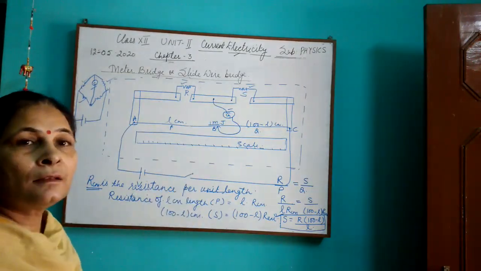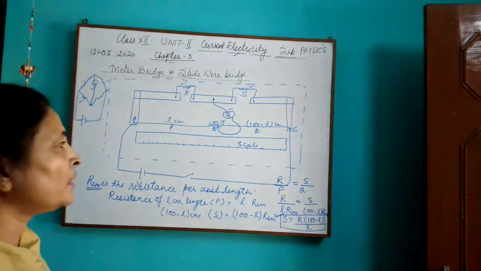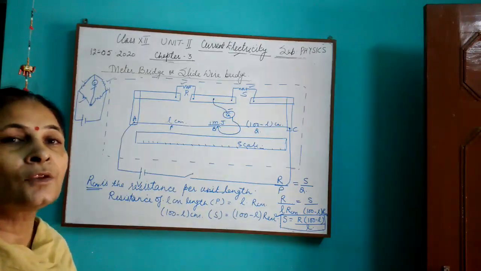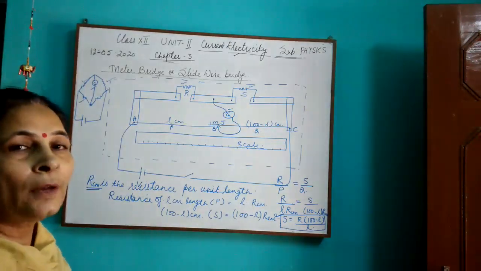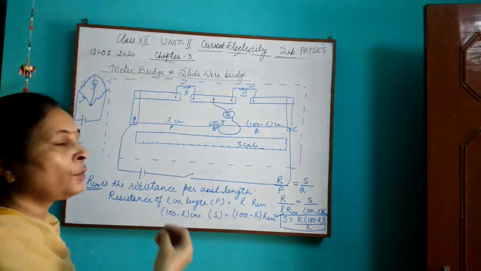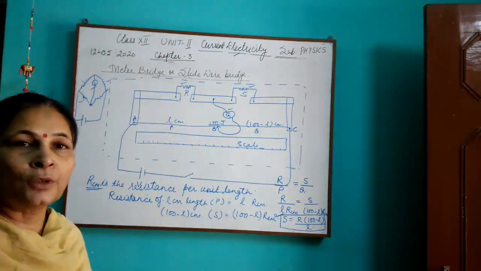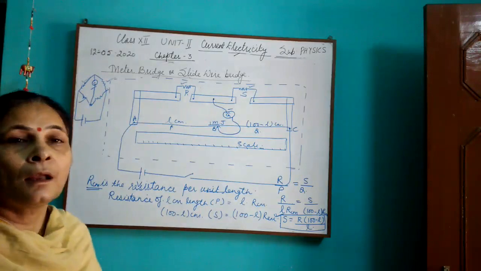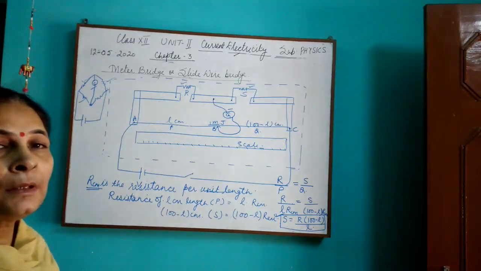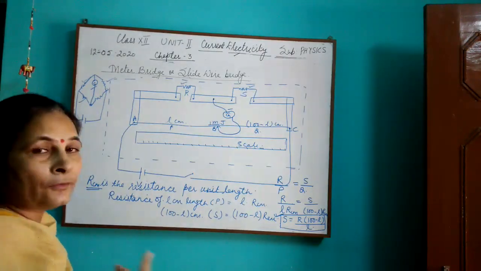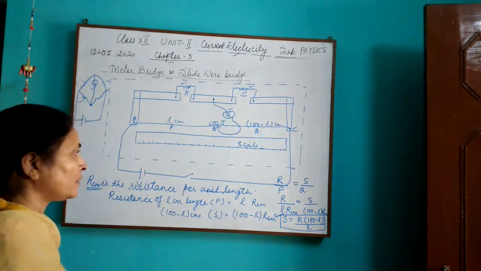As far as the connections are concerned, first line you can write that the connections are done as shown in the circuit diagram. You don't have to specify what is connected to which terminal. The circuit diagram is enough to show where the terminals are connected. But remember that the jockey is moved on the wire to find the null deflection.